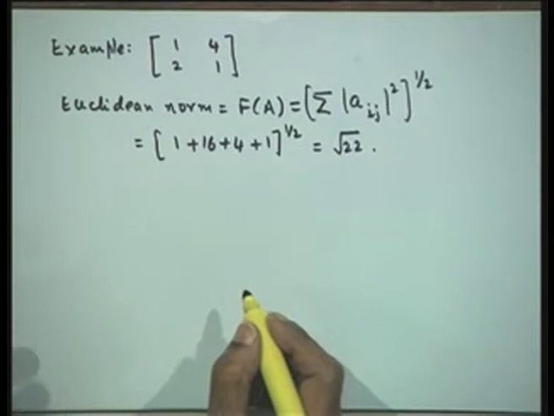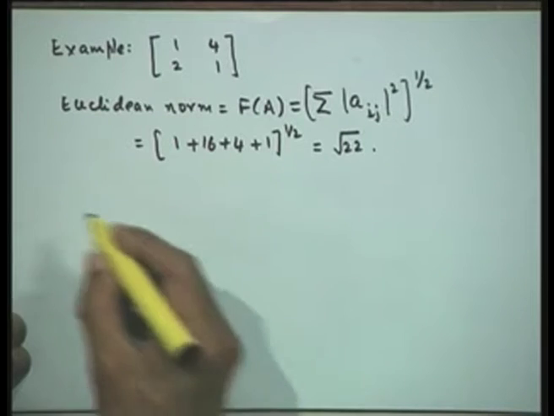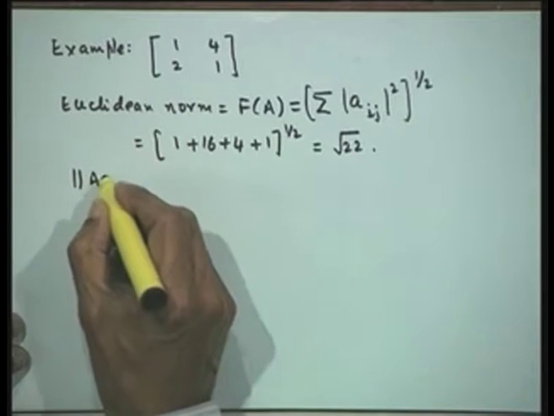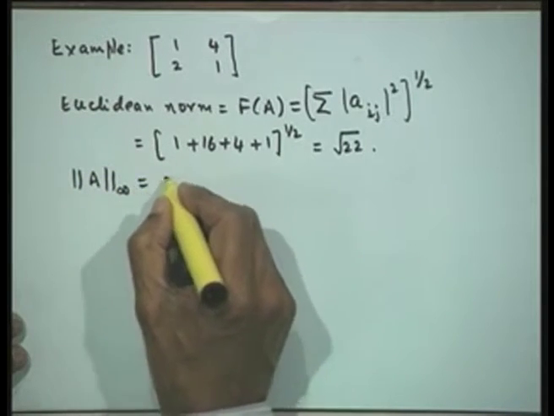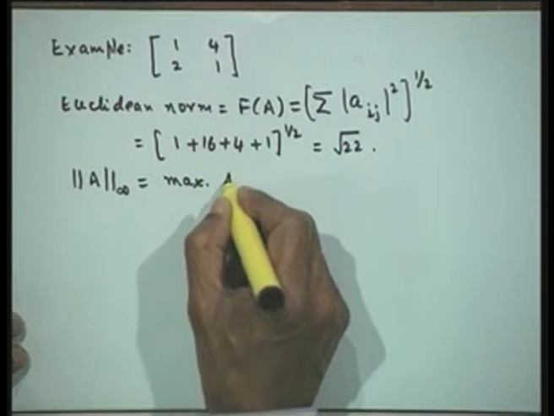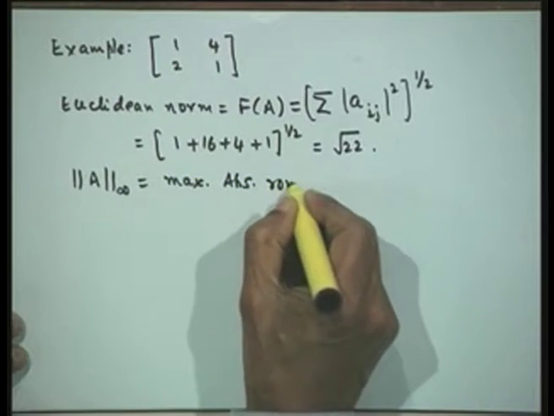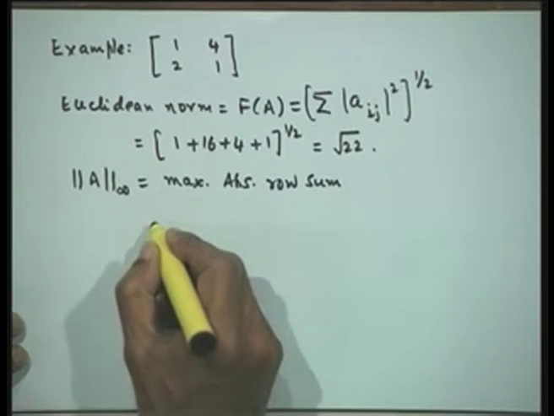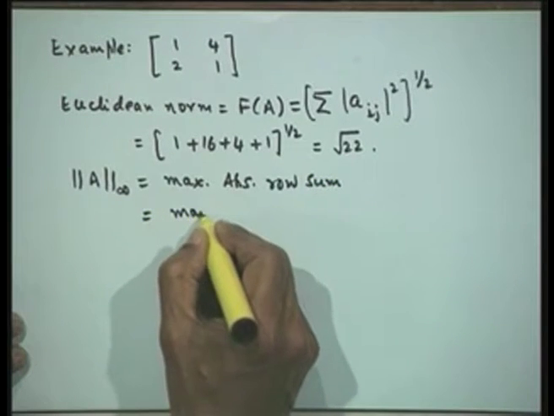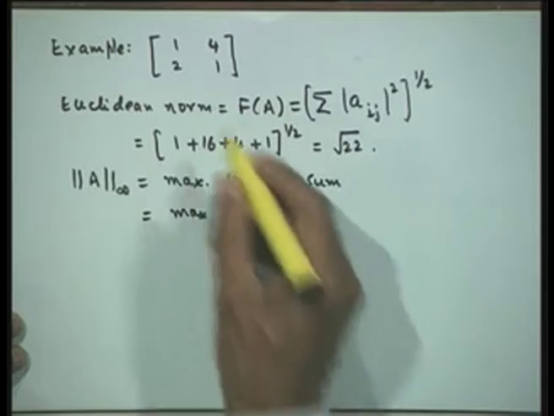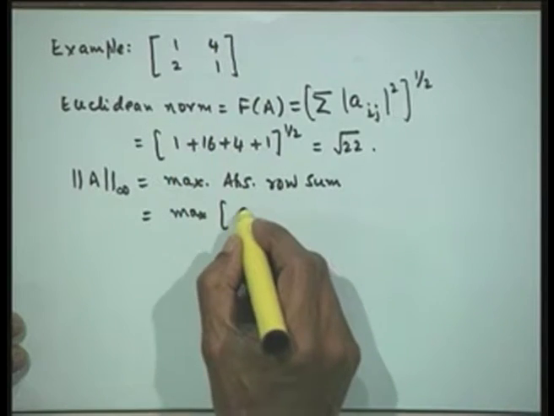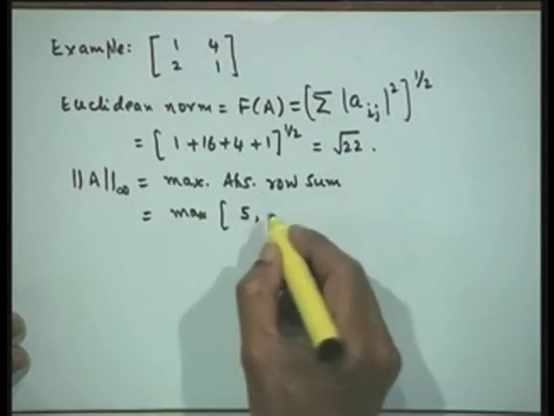Now, we have taken the maximum absolute row sum and maximum absolute column sum also as norms. So, let us take those definitions. This is the maximum absolute row sum. That means the maximum of the absolute row sums: 1 plus 4, that is 5, and 2 plus 1, that is 3.